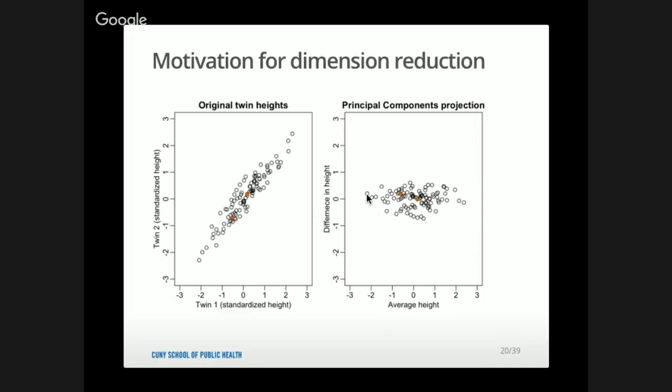You can see the differences are between -2 and 2 in the average height, but in the differences it's only between -0.8 and 0.8 or something like that. So this one axis, the average height, is capturing most of the information, and that is a form of dimension reduction. If we didn't have room to write down everyone's height, we could just record, for each twin pair, what the average is, and we would have most of the information.